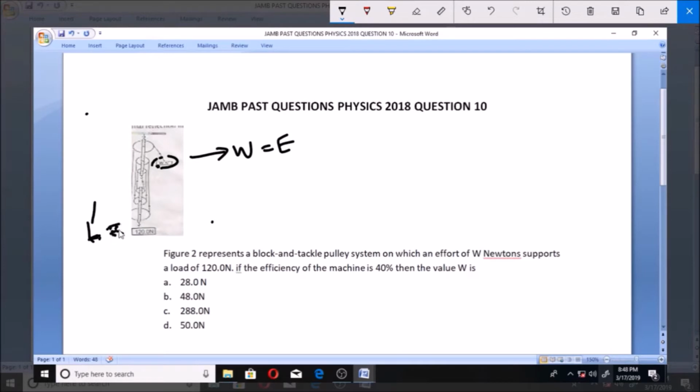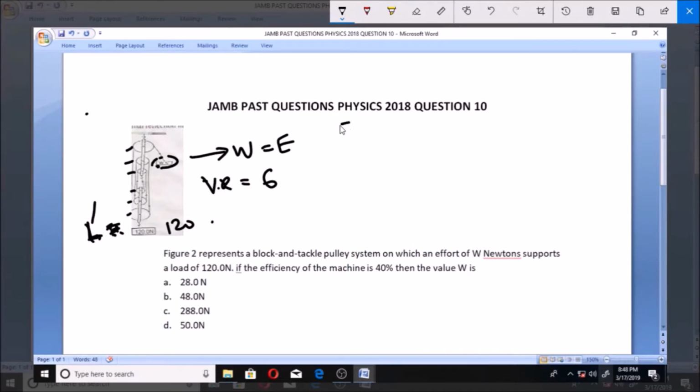Effort is W, and we need to find W. Also note how many pulleys we have: 1, 2, 3, 4, 5, 6. So we have 6, which means the VR is equal to 6. Take note of these things before we start the calculation.